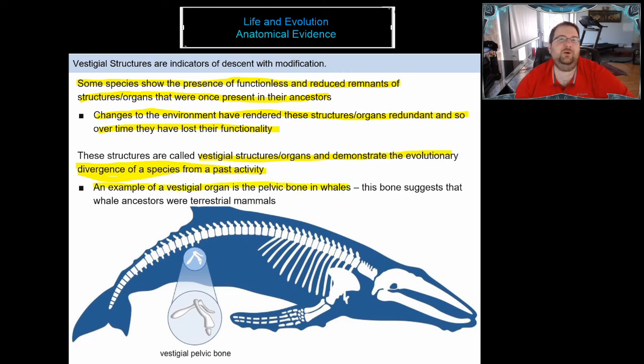So we know that whales came from terrestrial mammals that of course had a use for a pelvis, right? It supports a more upright posture and like on your forelimbs, right? And this presence of this bone suggests that whale ancestors were terrestrial, and we know now that they were.